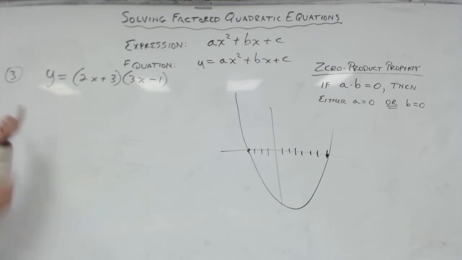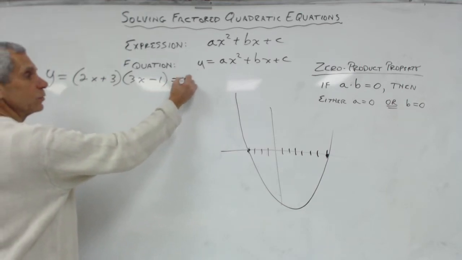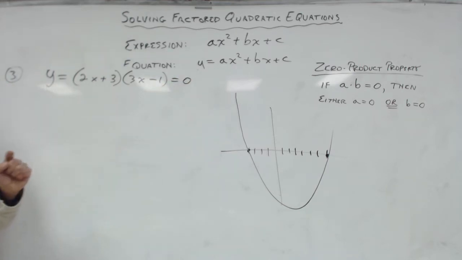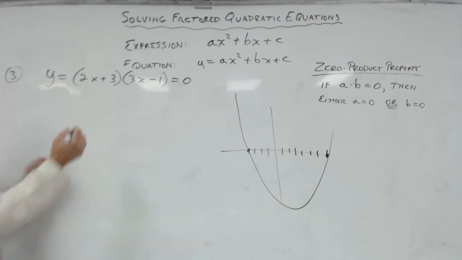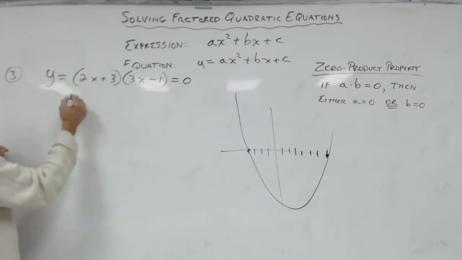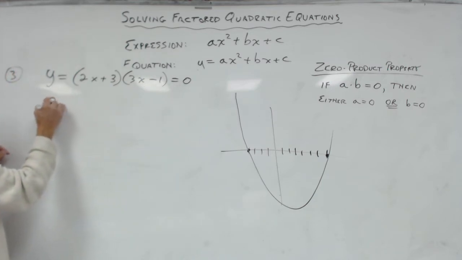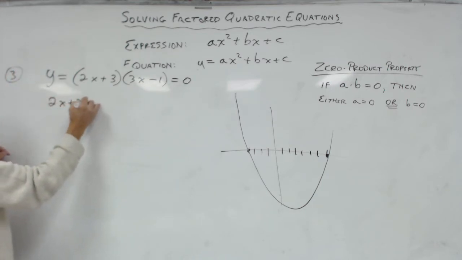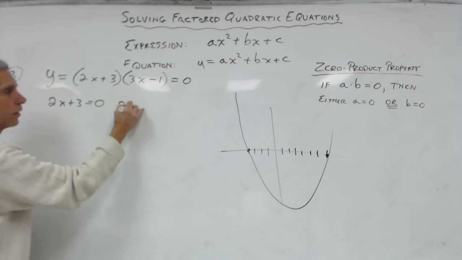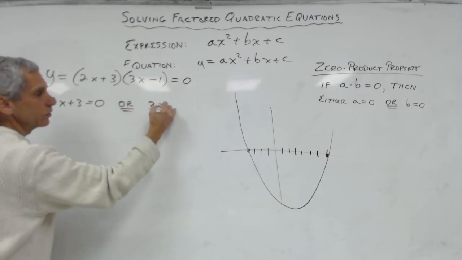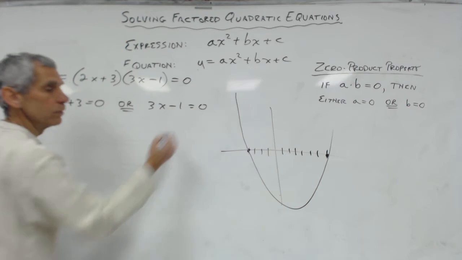So, again, I'm trying to find the zeros. Find x when y is 0. So I'm going to make this equal to 0. Does that make sense? I'm just setting this equal to 0, making y 0. And that means that either this equals 0 or this equals 0. So I write my 2 equations. 2x plus 3 equals 0, or 3x minus 1 equals 0.